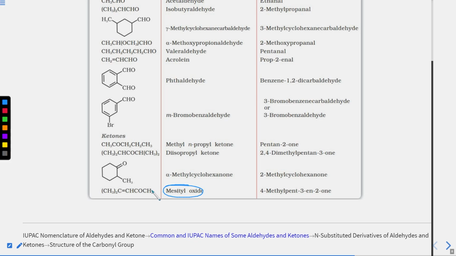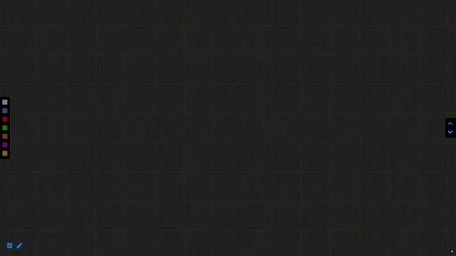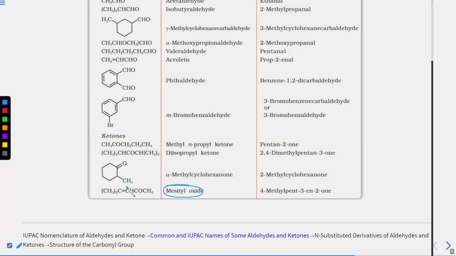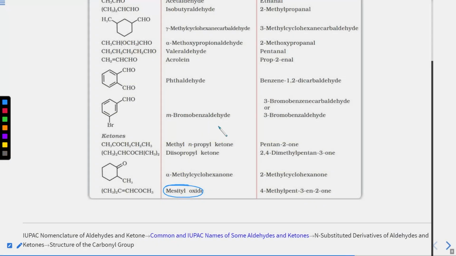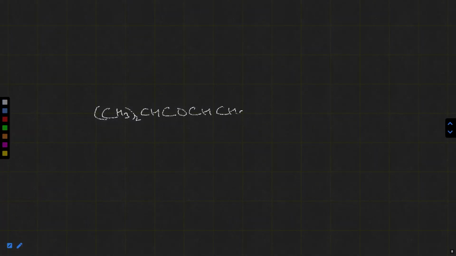Let us take an example of ketone. So it is written (CH3)2CH, then we have COCH, and then we have (CH3)2.